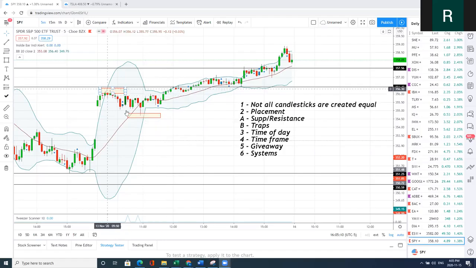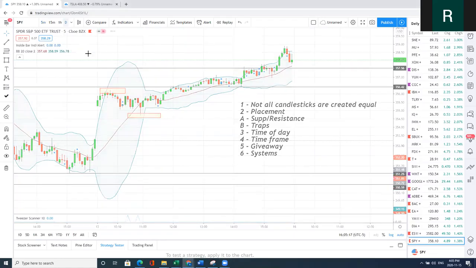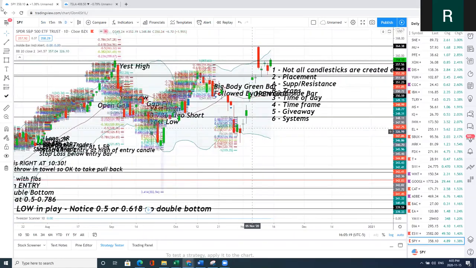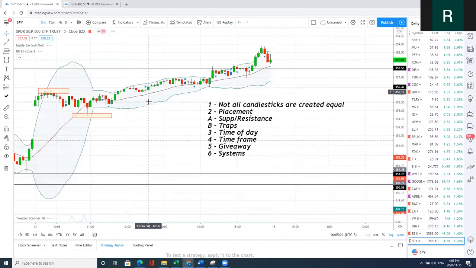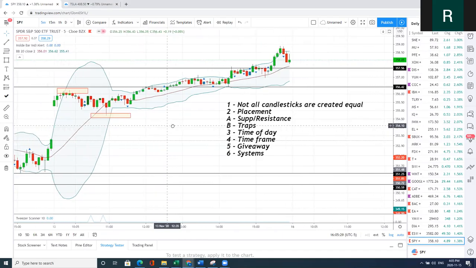The candle on the 5 minute chart may have, let's just say, 5,000 worth of volume, and on the daily it might be a million. That's a pretty crazy example, but I'm trying to prove the point that the higher we go, the more important the candlesticks are, because there are more traders involved.